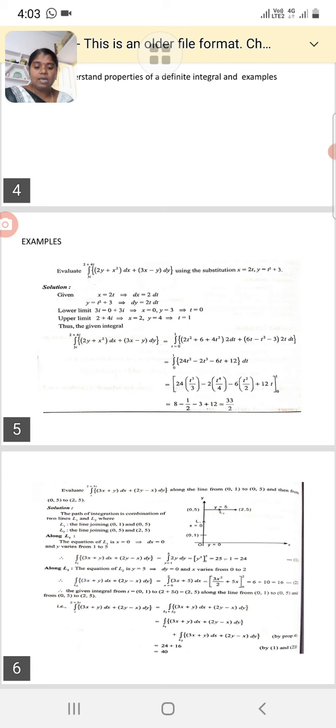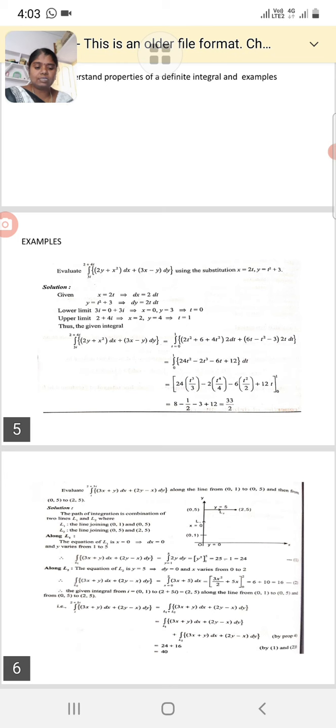Therefore, along L1, the integral from 1 to 5 becomes the integral of 2y dy, because dx is 0.